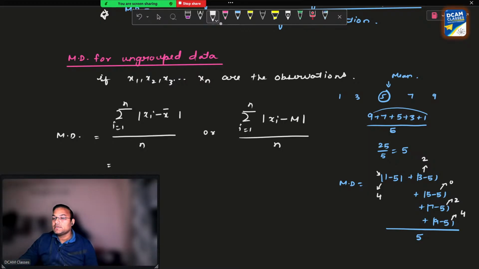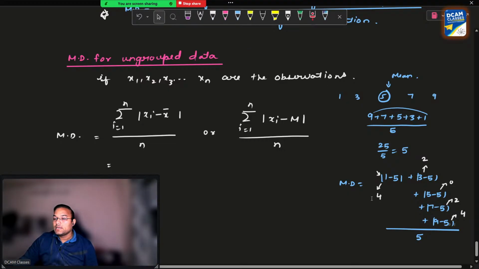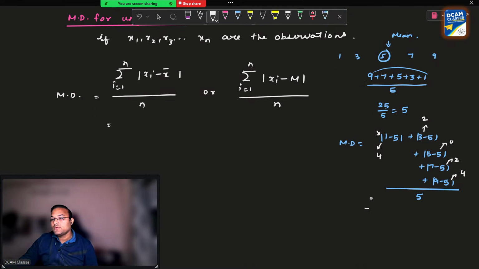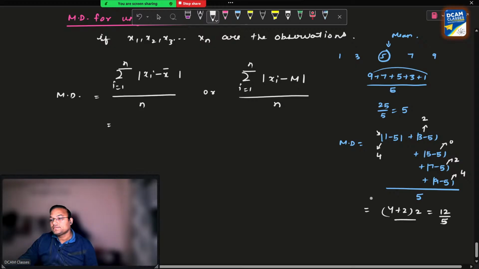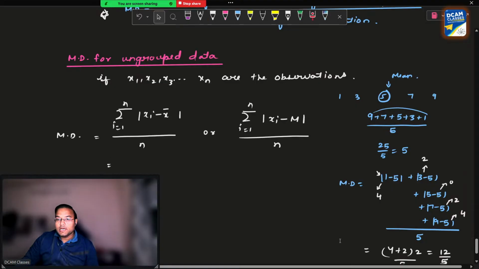No negative value comes in this. Okay. That's how we calculate the mean deviation. Our final answer would be 4 plus 2 into 2, 12 by 5. That's your mean deviation. Simple. This is for the ungrouped data.